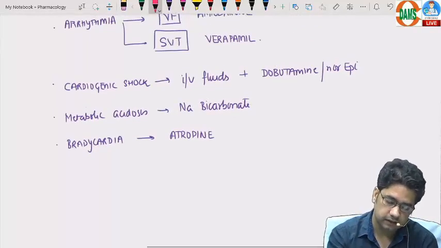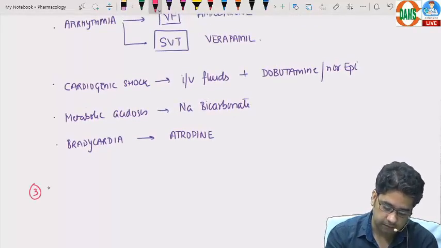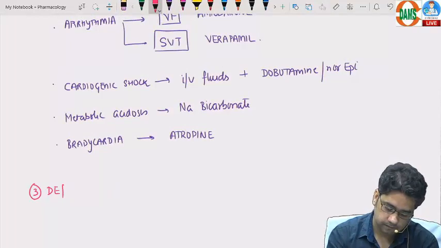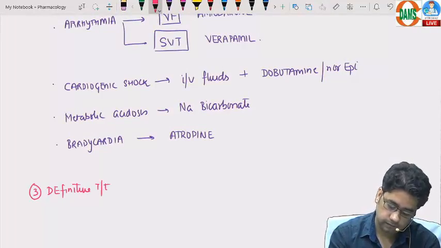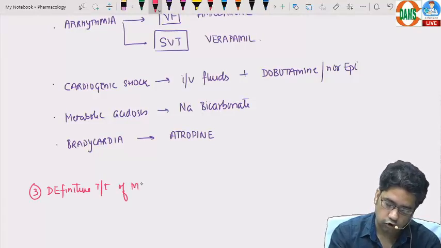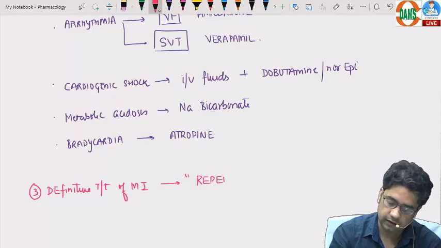Third management, definitive treatment of MI. Open coronary arteries. The definitive treatment of MI is reperfusion therapy.